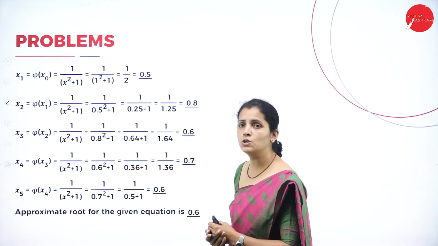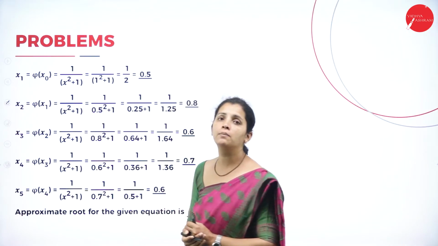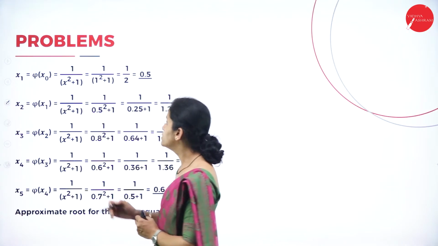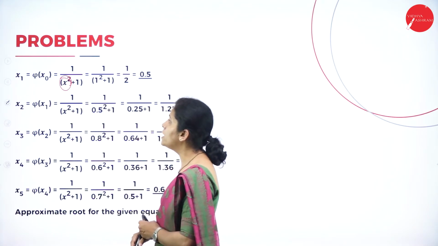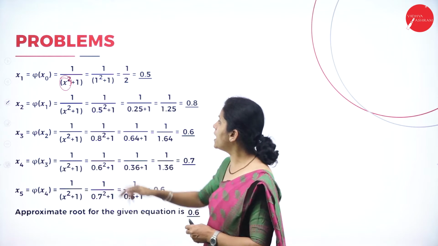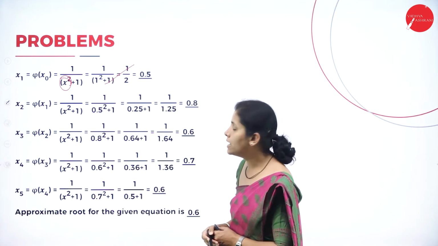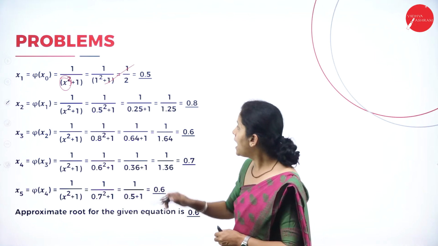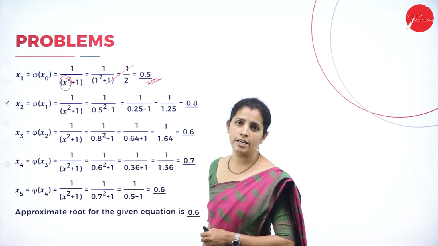So, x naught is 1. I'm going to substitute it in my equation. So, instead of writing x square, I substitute 1. I'll get 1 by 2, and when I divide, I get 0.5. This is the value for my next iteration.